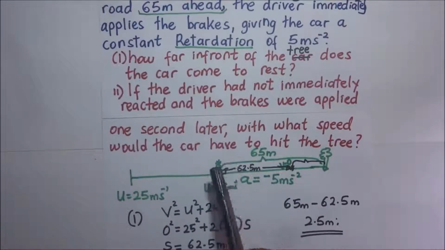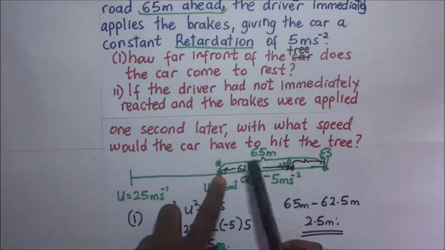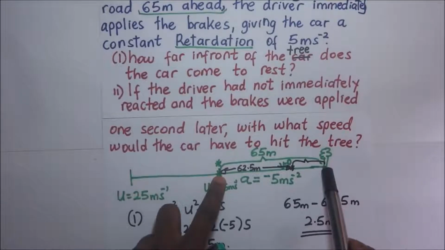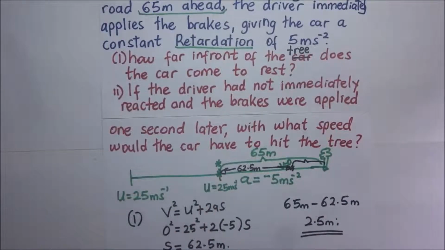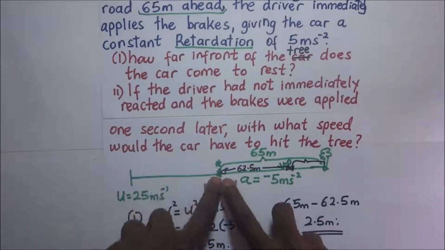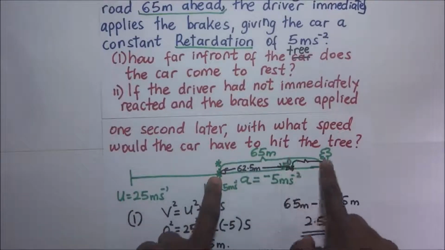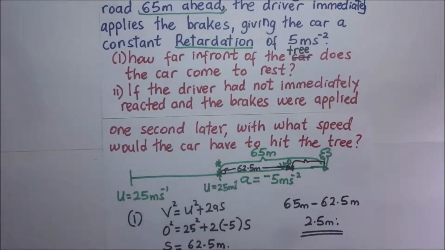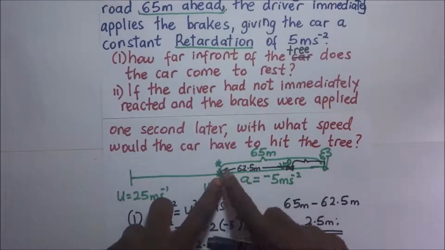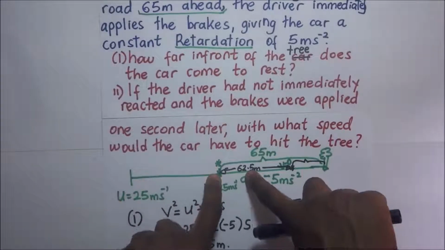The question implies that when he does so, he is definitely going to hit the tree. So with what velocity does he hit the tree? Since he had noticed it 65 meters ahead, if he delays by just 1 second, there is a certain distance he is supposed to cover.